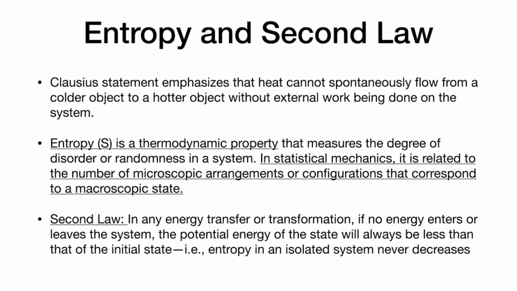So it is related to the number of microscopic arrangements or configurations. HT and TH are two microscopic arrangements that correspond to a macroscopic state, a head and a tail. This is how entropy is related.